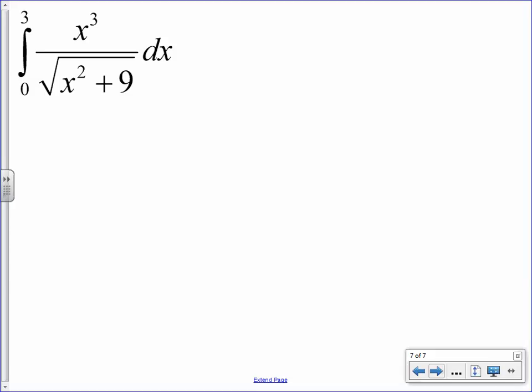So first of all, you look at this problem and you see x squared and x cubed. That's going to work out nice, but they're in the wrong places. But I see the x squared plus 9, and that should be a light bulb for you to make x equal to 3 tangent theta, which means dx is 3 secant squared theta d theta.